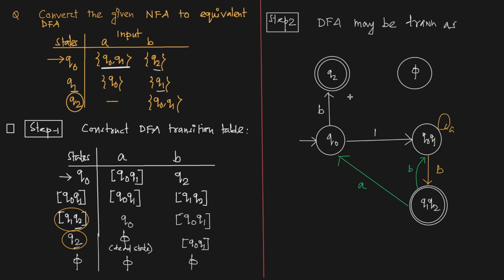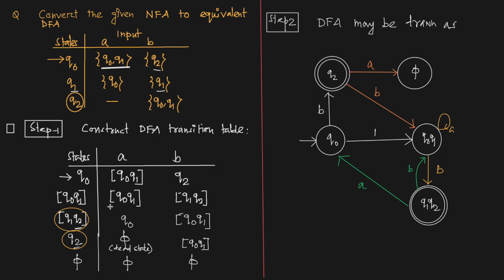Next, Q2 on A goes to phi, and Q2 on B goes to Q0 Q1.